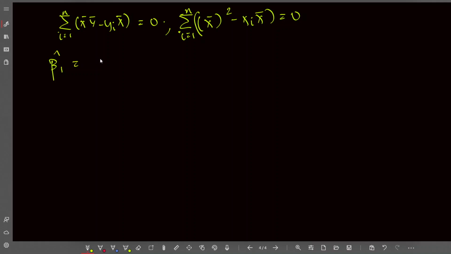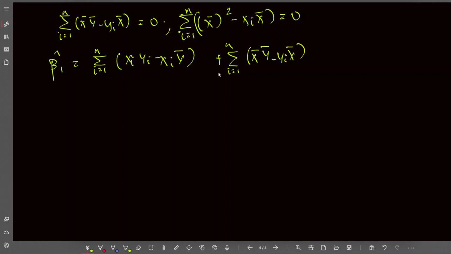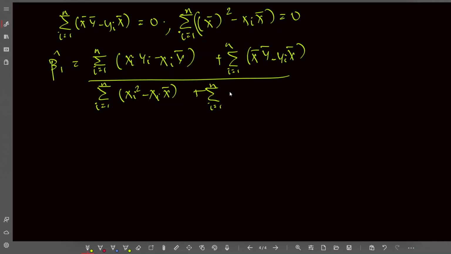Beta 1 hat is equal to summation i equals 1 to n of xi yi minus xi y bar, plus summation i equals 1 to n of x bar y bar minus yi x bar, whole upon summation i equals 1 to n of xi square minus xi x bar, plus summation i equals 1 to n of x bar square minus xi x bar.